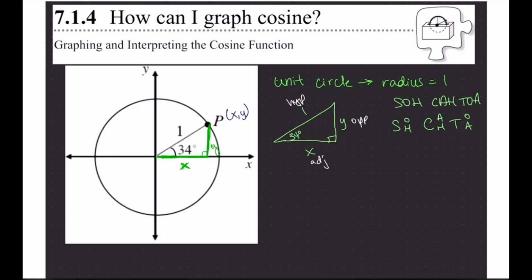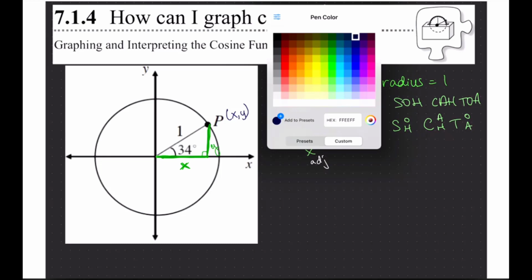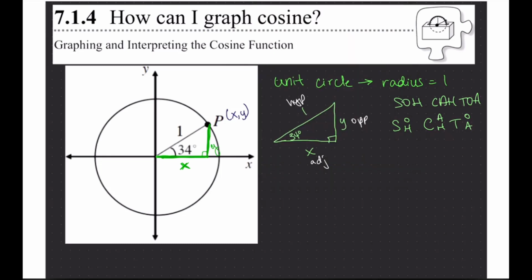So which one do we want to do first? Do you want to do x's or y's? You want to do y? Sure, we can do y first. If I want to do y, from this angle, what's the other side that I know? 1, which is the hypotenuse, right? So if I want to do y, I have opposite and hypotenuse.